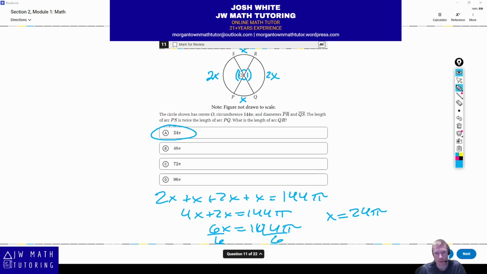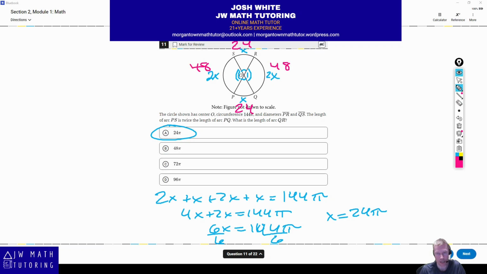Also want to point out that you could do this one by using back solving. And what I mean by that is take the answer choices, plug in the values, and see if it equals the 144. And basically what I would do is I would ignore the pi. So for example, if I started with answer choice A, I would say, okay, this is 24, this is 24, this has to be 48 because it's 2 times that.